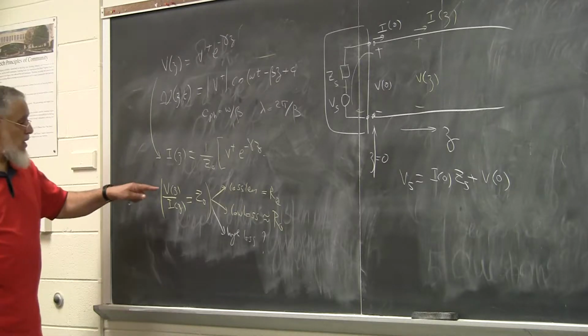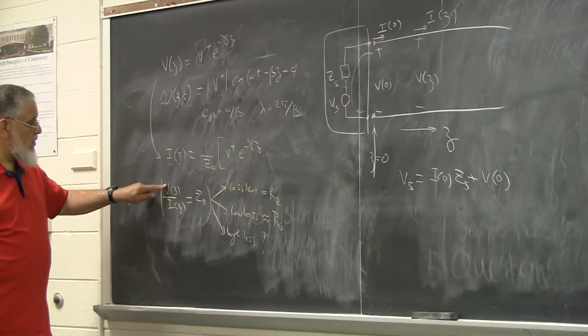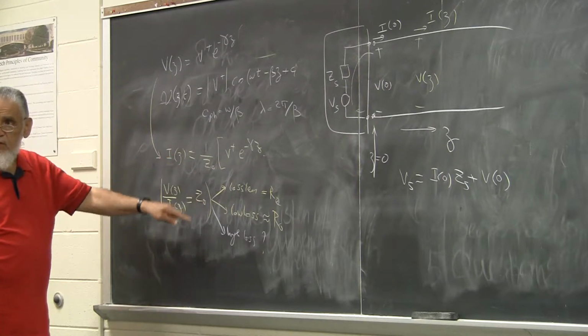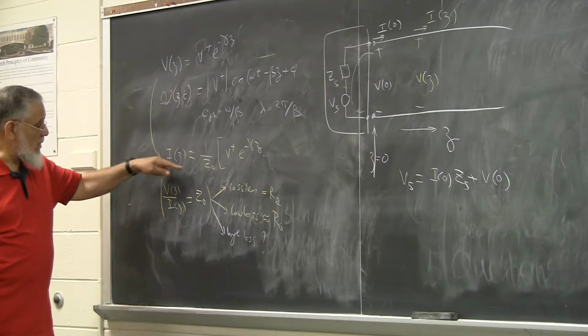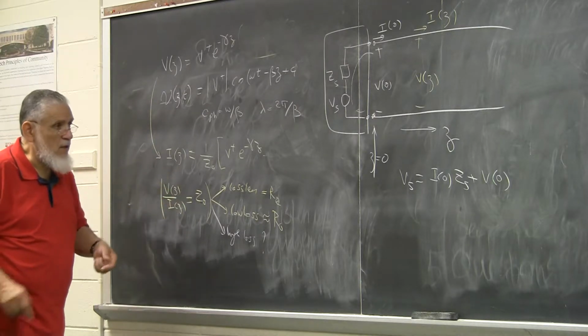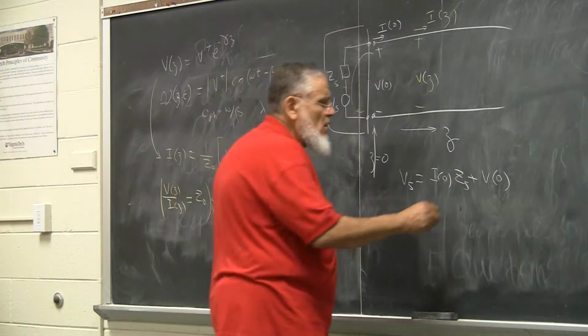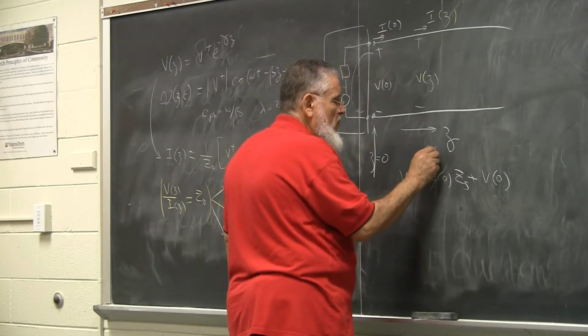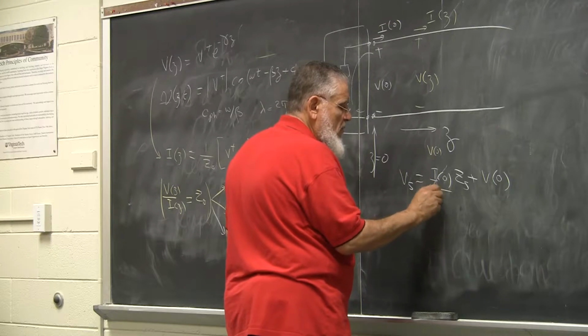At the same time, I have V of 0 is equal to Z0 times I of 0. Right? This expression is right there. I can replace that by Z is equal to 0, and I have that, so I can redo this part. I can write this as V of 0 divided by Z0. It's the same thing.